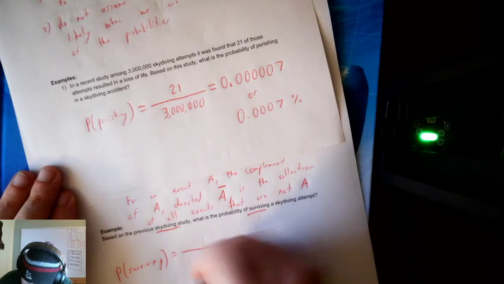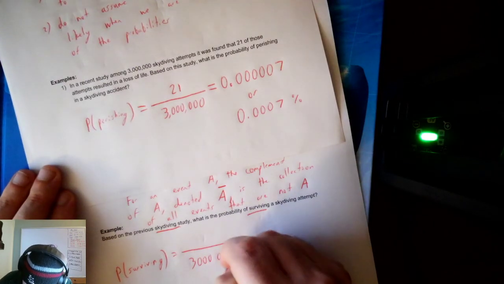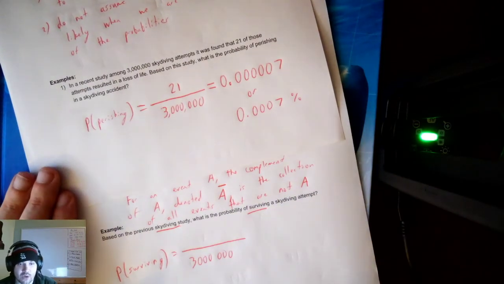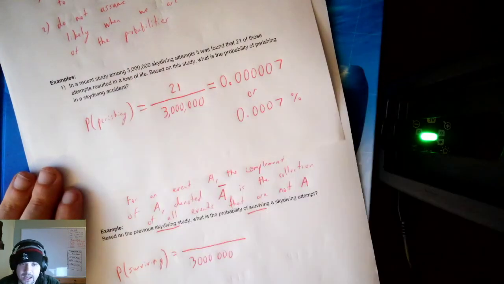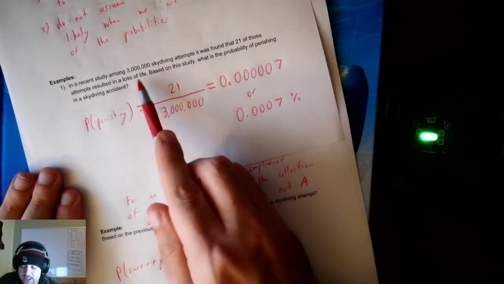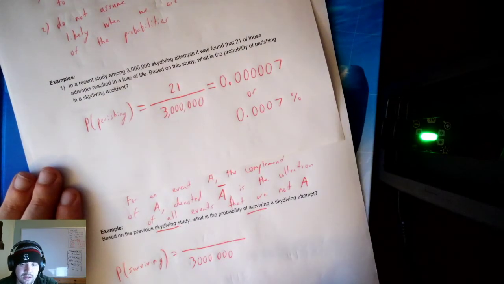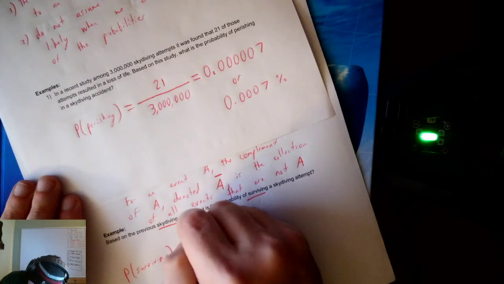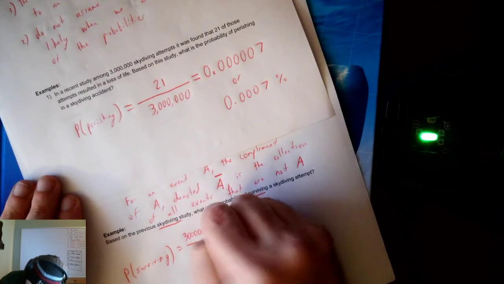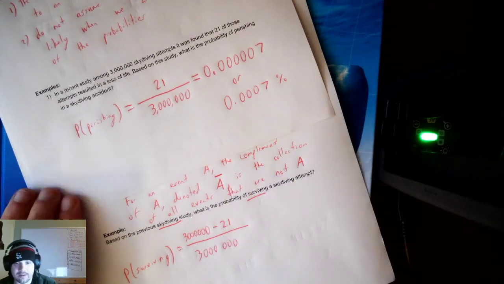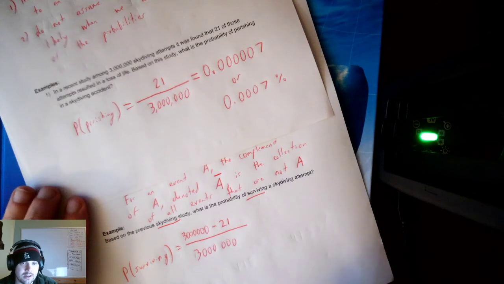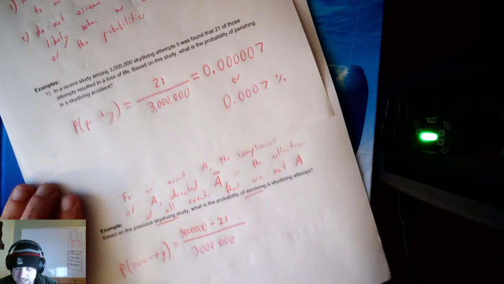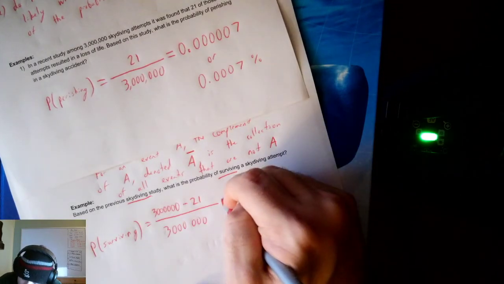There's still 3 million total procedures being run, right? However, if 21 of those skydivings resulted in a loss of life, how many didn't? Well, it'd be 3 million take away 21, right? All the other skydiving attempts did not result in a loss of life. It'd be the opposite, right? I can subtract to get the value.